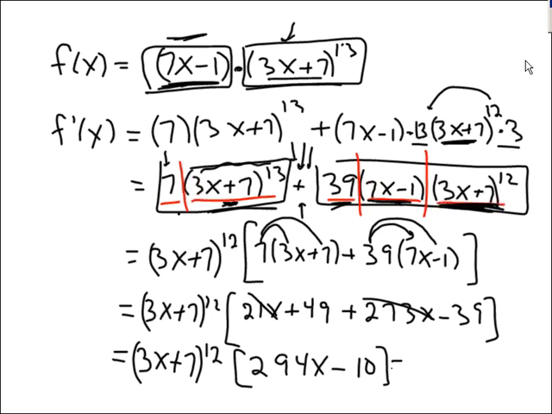So I can factor out a 2 from here. That goes way in front. This (3x plus 7) to the 12 stays. And after pulling out a 2, I have 147x plus 5.